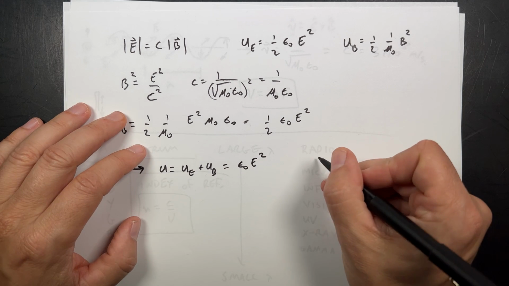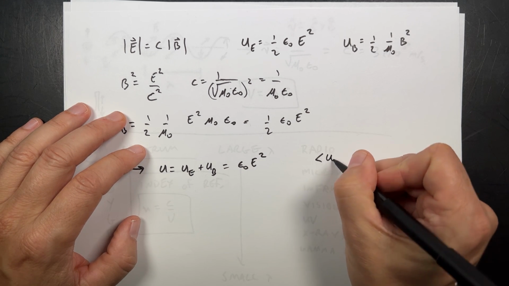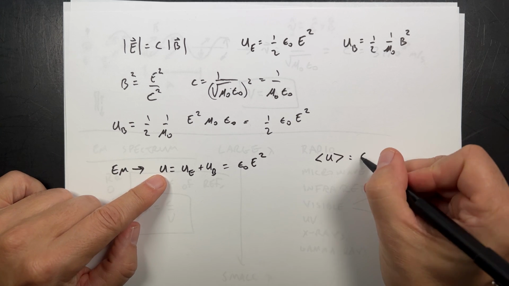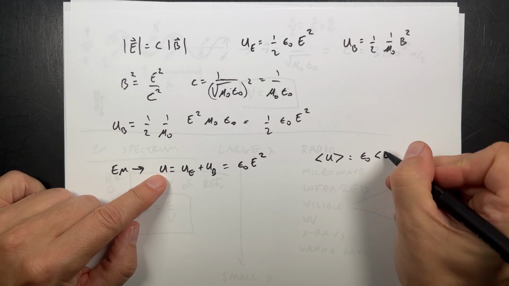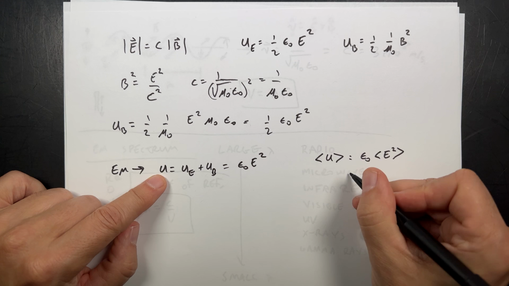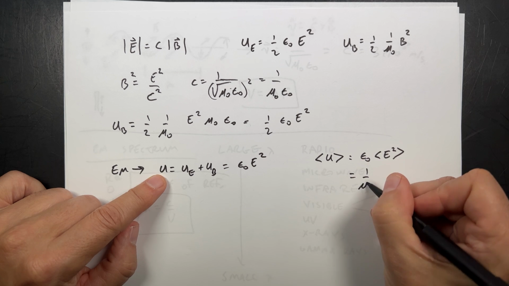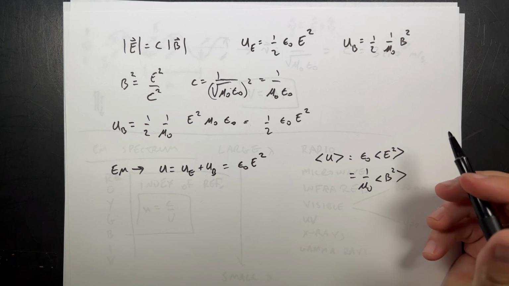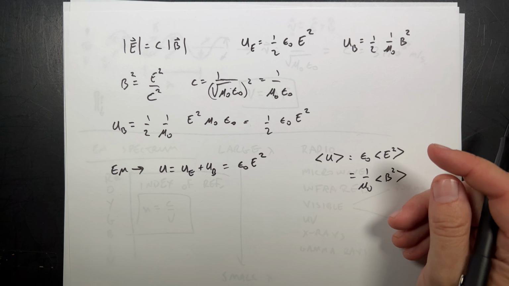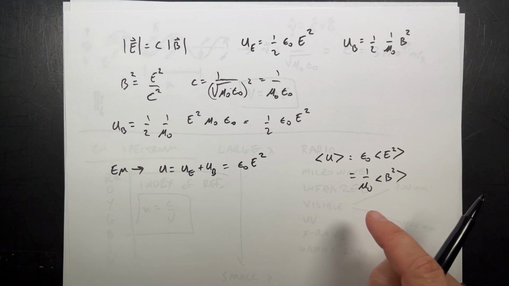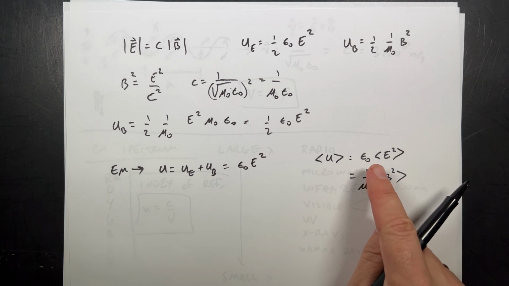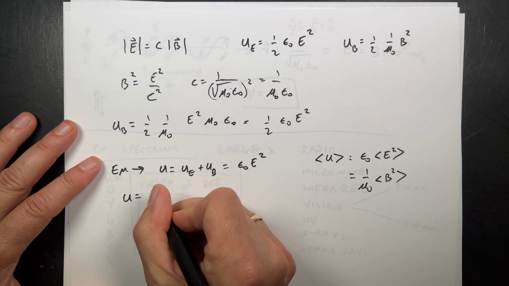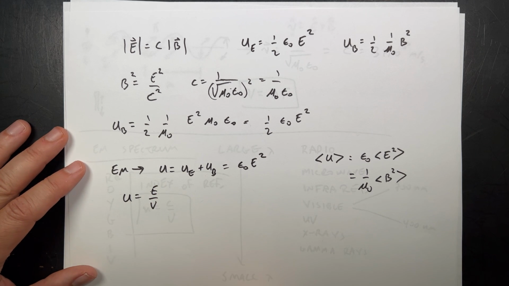So maybe we should write this as the average U, if we average it over a time, is going to be equal to epsilon naught times the average E squared, which is equal to 1 over mu naught average B squared. And that's the energy density for an electromagnetic wave. So remember, U is the total energy divided by the volume.